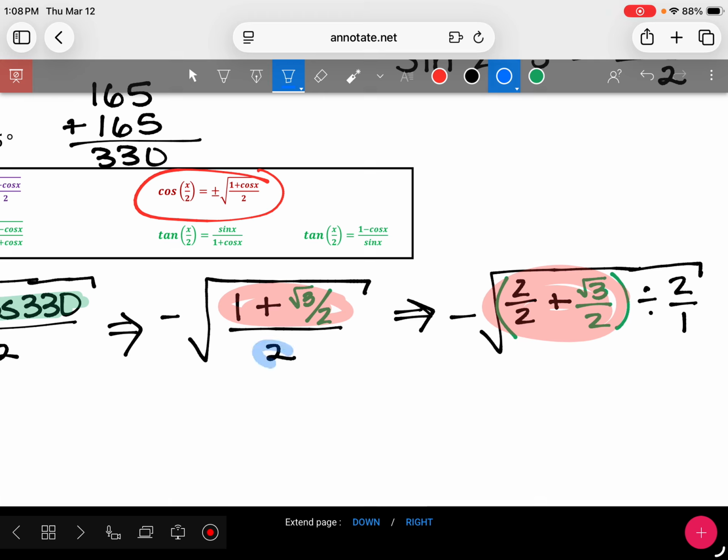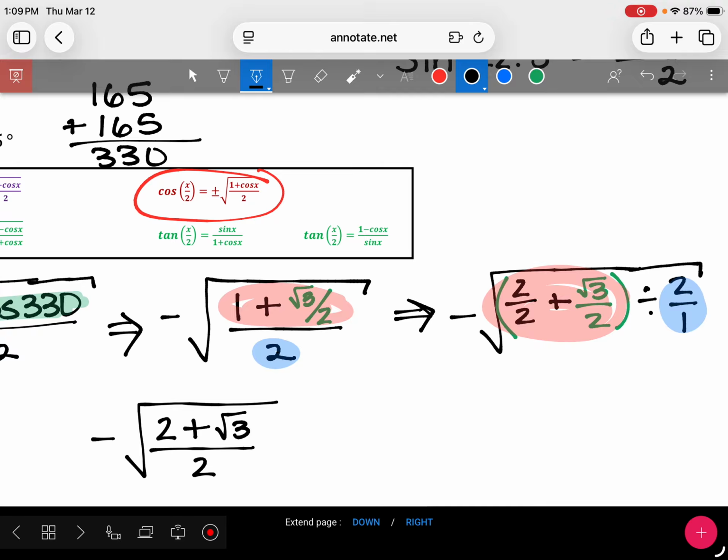And then this is my denominator right here. So now I'm going to do 2 steps in 1. The first thing I'm going to do is bring this together to make 1 fraction. So I'm going to write this as 2 plus root 3 over 2. And the second thing I'm going to do is my keep change flip, which is going to change this to times 1/2.